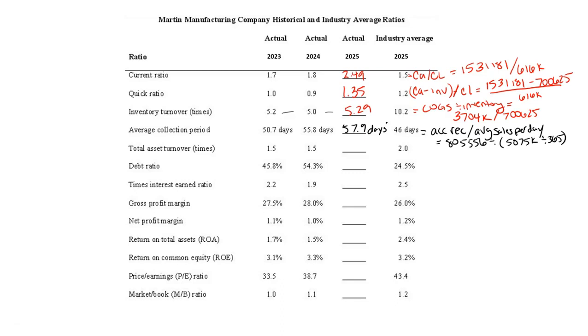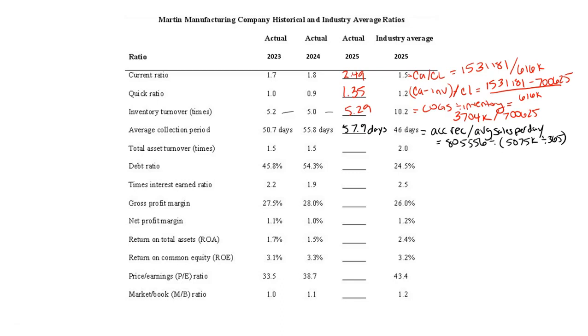Have you changed your credit practices? Are you extending credit to more individuals? Or have you increased lines of credit to already existing customers? And maybe now they can't afford that higher limit. It doesn't immediately condemn the company that their average collection period is increasing, but it does give us questions to ask management.